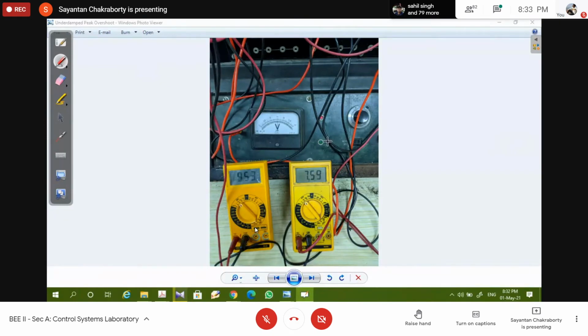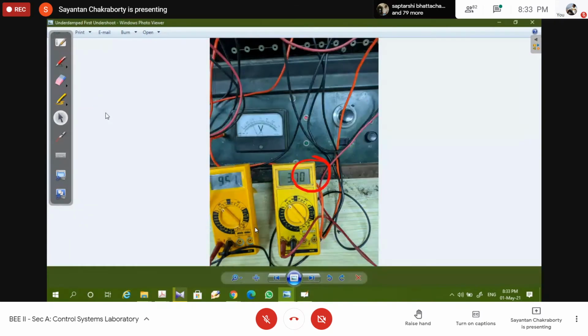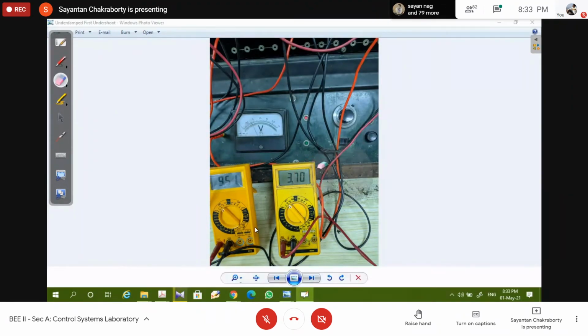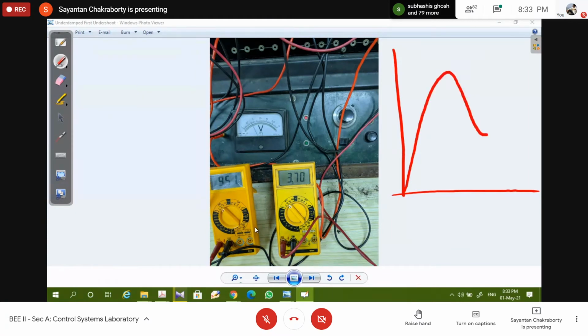What I've done, I've paused the simulation. This is the first peak, 7.59. Then what I've got is the first undershoot. If I draw it here, something like this. This is following the pattern.